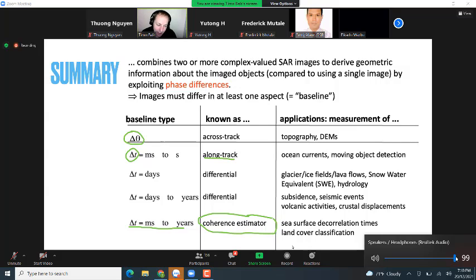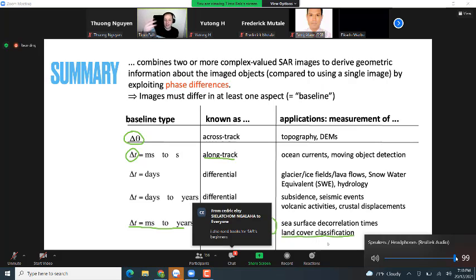So if you have many images with different delta T's, with different temporal baselines, we can then look at how fast does a pixel decorrelate over time. Quite interesting for land cover classification, especially if you sync it also seasonally.